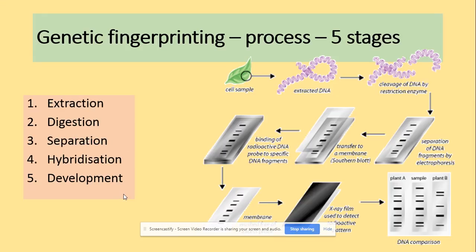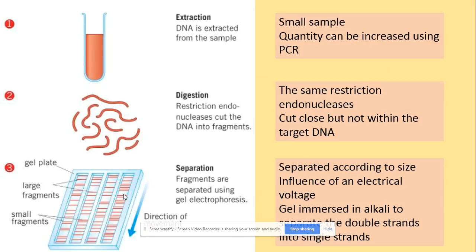So let's have a look at the process of genetic fingerprinting. It's made of five stages: extraction, digestion, separation, hybridization, and development. So let's have a look, how does it work? We're starting with the extraction of DNA from the sample. If the sample is really small, we can increase the amount of sample using PCR.